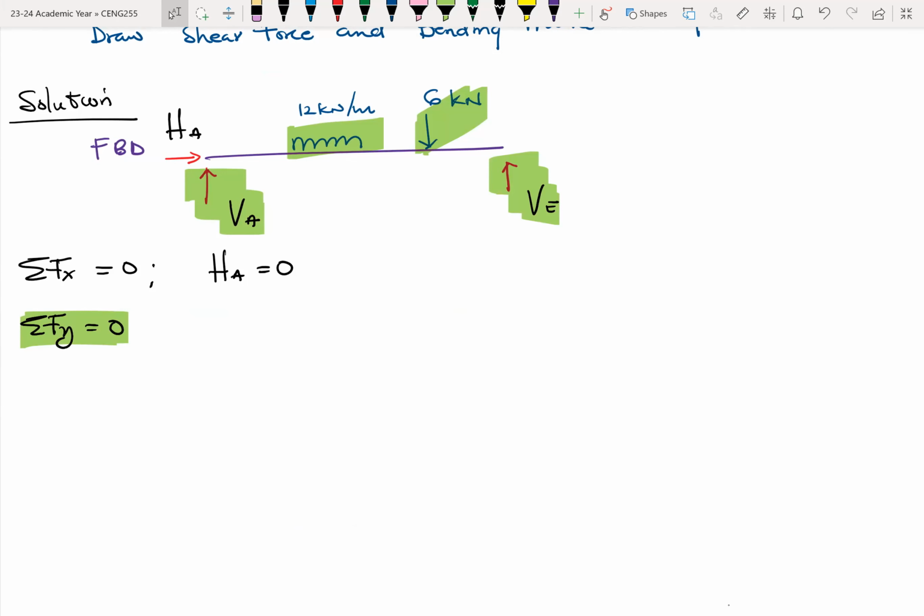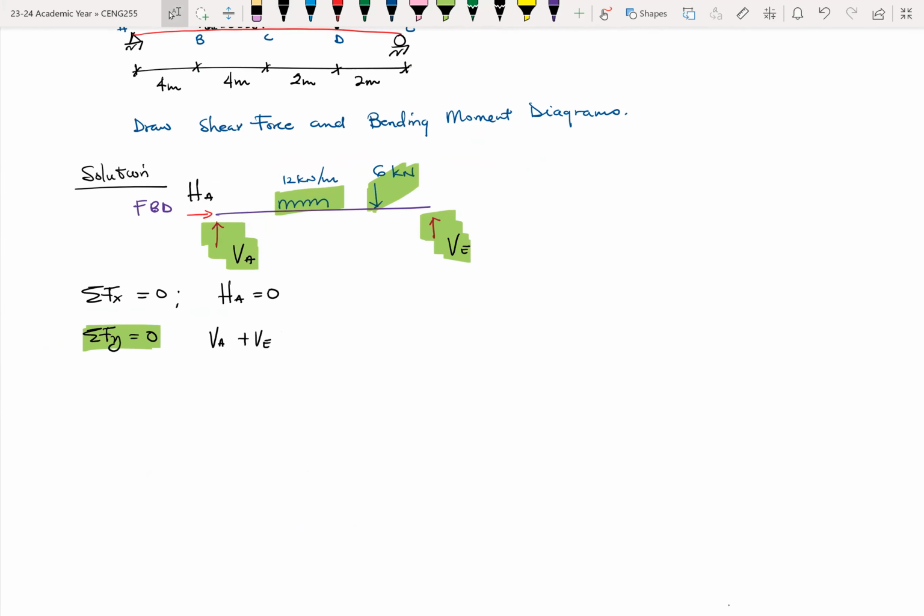Okay. So here VA is upward, so I'm assuming that to be positive. So VA plus VE, they are both positive. Then minus the 6 kilonewtons because that one is acting downwards. Then minus, we need to convert the UDL into a point load.